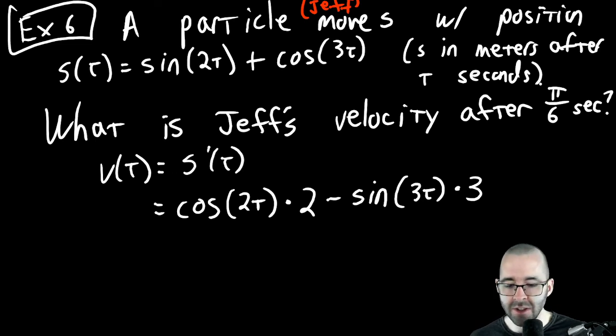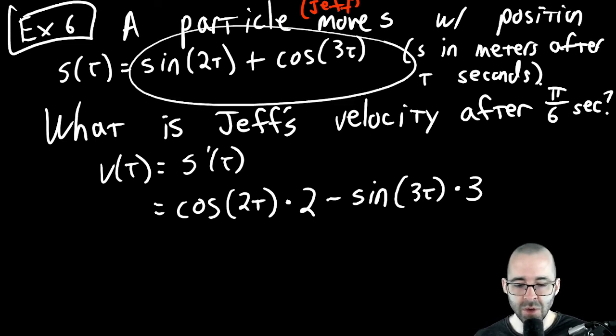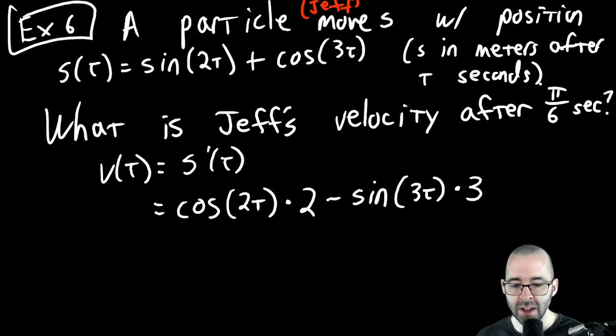I just used the sum rule without even a second thought, because I'm hoping at this point y'all are pretty comfortable with the sum rule. But really, if I wanted to do this, I'd write d dt of this plus d dt of this because of the sum rule, and then write out the steps for the chain rule, write out the comments about the derivative of trig. So it can be pretty difficult.